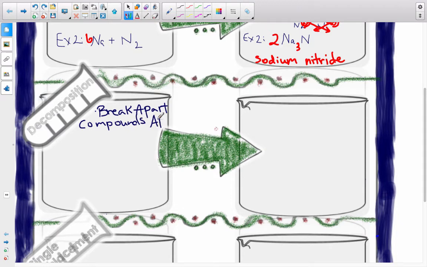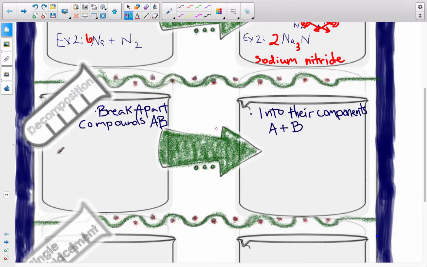Like our compound AB that we formed in the previous reaction, what if we break it apart? Well, what are the components? The components of AB would be element A and element B.